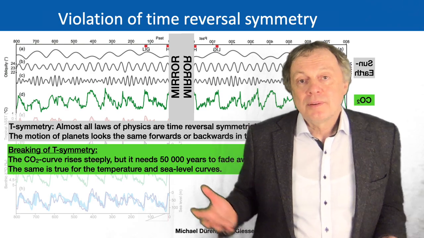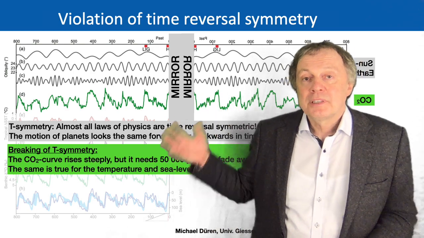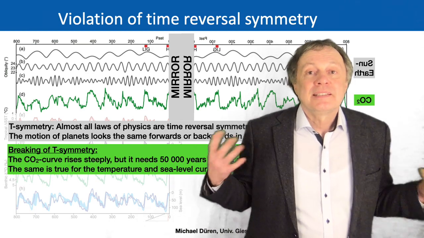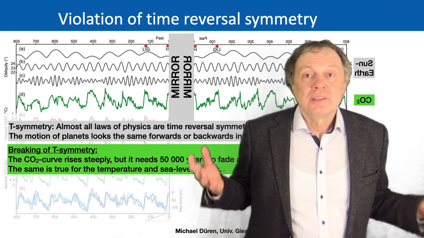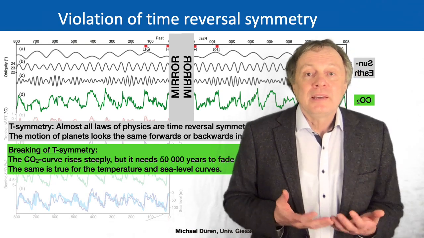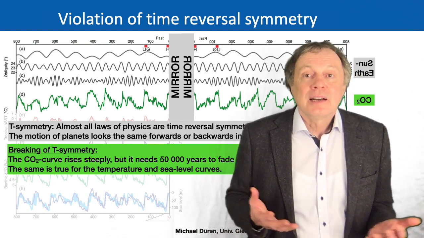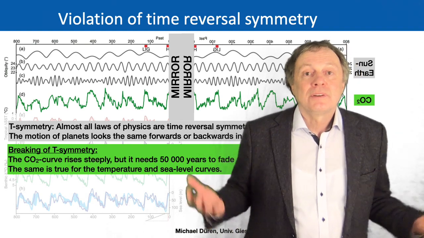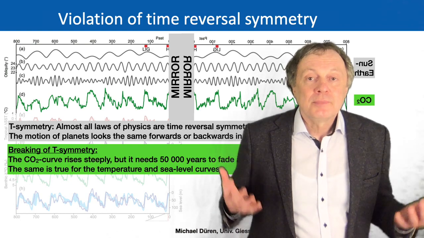The cause for the CO2, the temperature and the sea level is the Sun and Earth system. But there was no time symmetry breaking. So how can the CO2 curve be violating time symmetry, whereas the cause for the CO2, the motion of Sun and Earth, is symmetric?